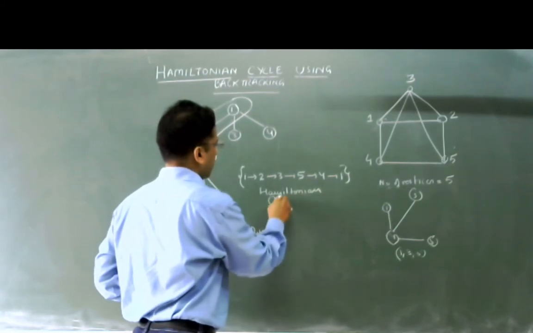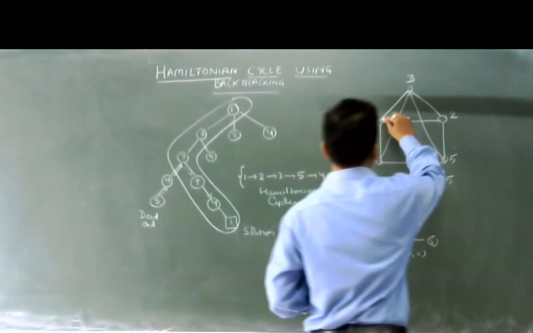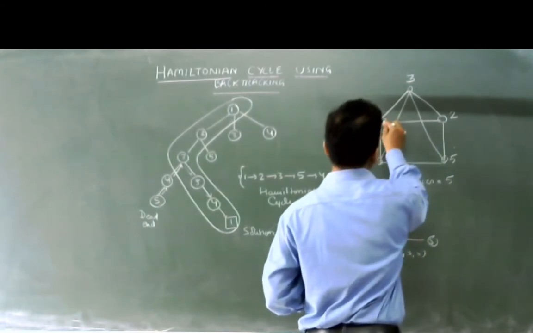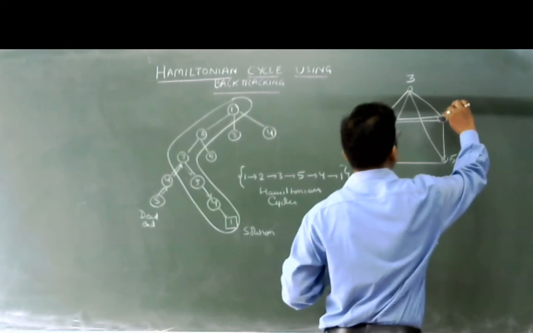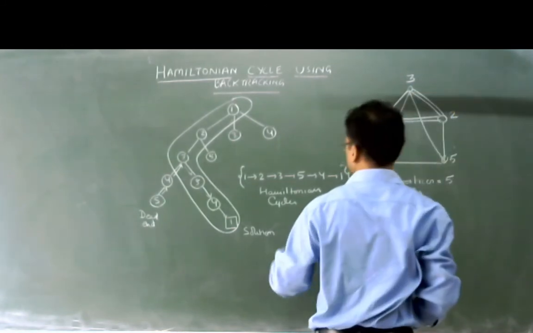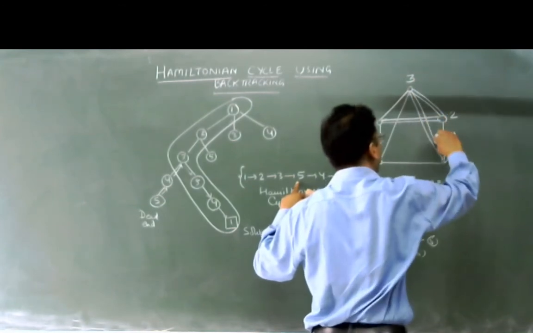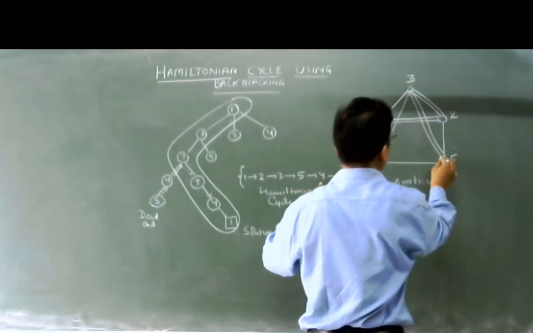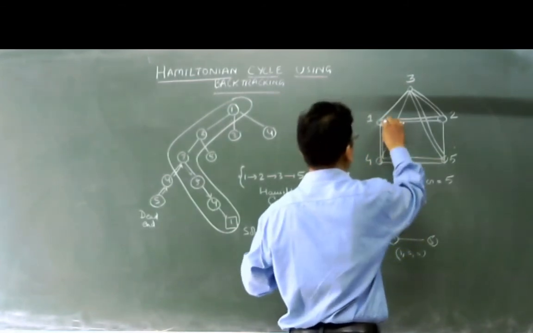In this graph, we start from position number 1, 1 to 2, then 2 to 3, then 3 to 5, then 5 to 4 and 4 to 1.